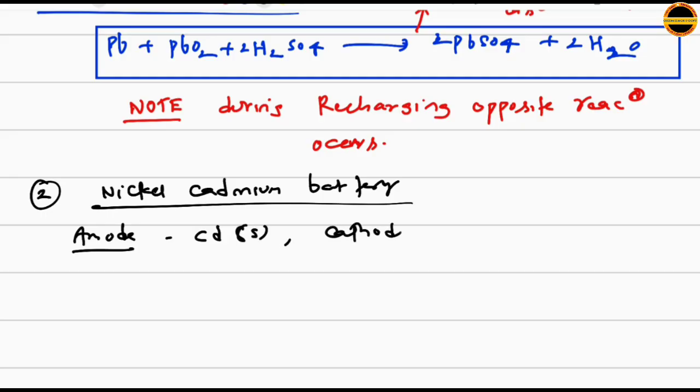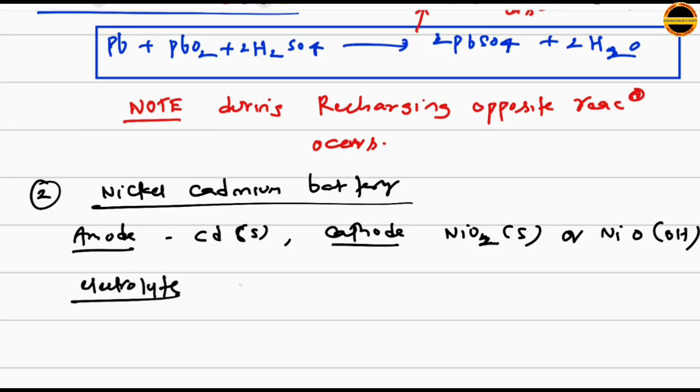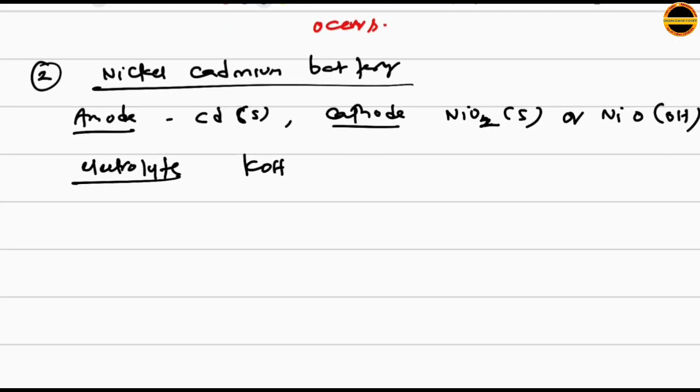Cathode is NiO2 solid, or you can even write NiOOH. Then the electrolyte in this process is KOH.